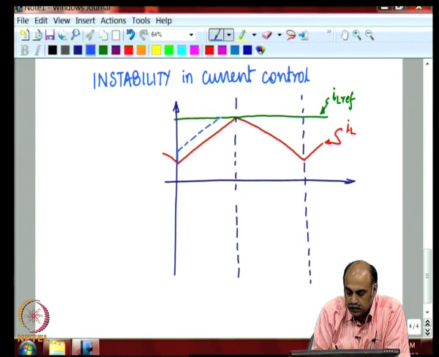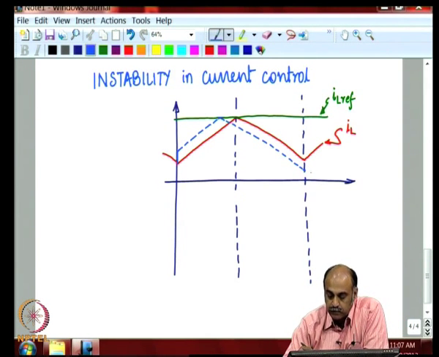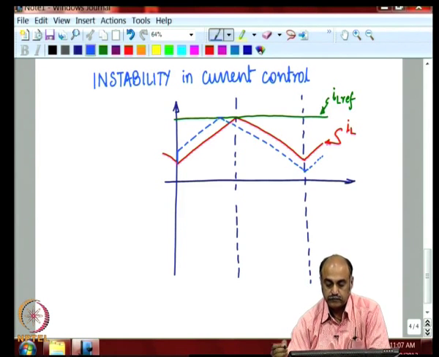And from here it hits the reference, and therefore, the SR flip flop switches off and then it starts moving parallelly here, keeps coming down till this point. When the SR flip flop now switches on, output goes high because the clock sets the flip flop, and so on, keeps going in this fashion.